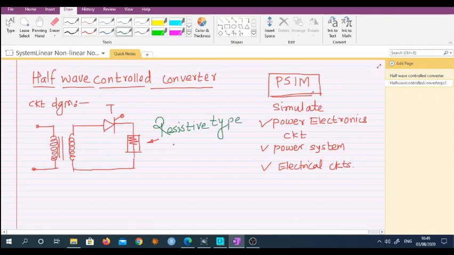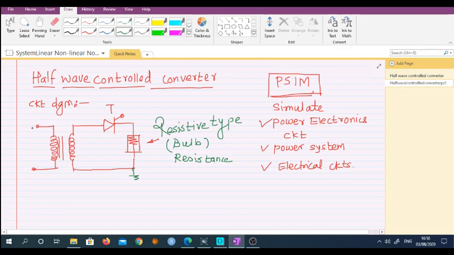Resistive type means a bulb. Okay, a simple normal bulb is an example of a resistive type load, or simple resistance. So we are connecting such a load here, and now we are going to simulate this circuit.